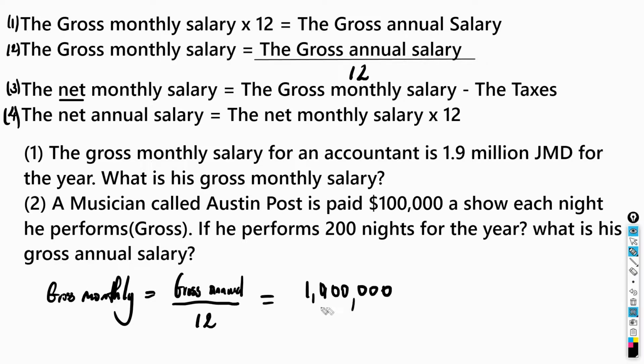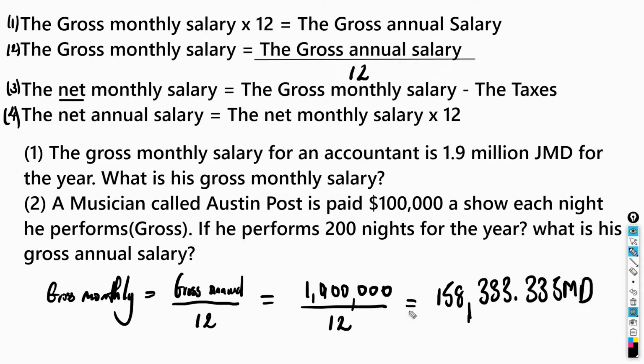So that's the 1.9 million divided by 12. And we should get 158,333.33 JMD. So that's how much he earns per month before taxes. Let's put the answer here, 158,333.33. So let's do the other one now.